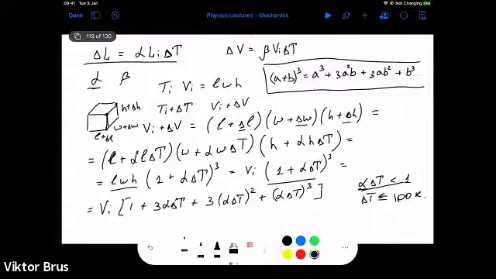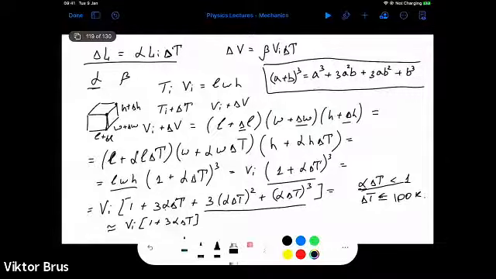Taking this into account, we can neglect these higher orders of this product because they will be much smaller than 3 alpha delta T. That's why it is better to write that it's approximately equal. It's some approximation, but quite a reasonable approximation: V initial times (1 plus 3 alpha delta T).